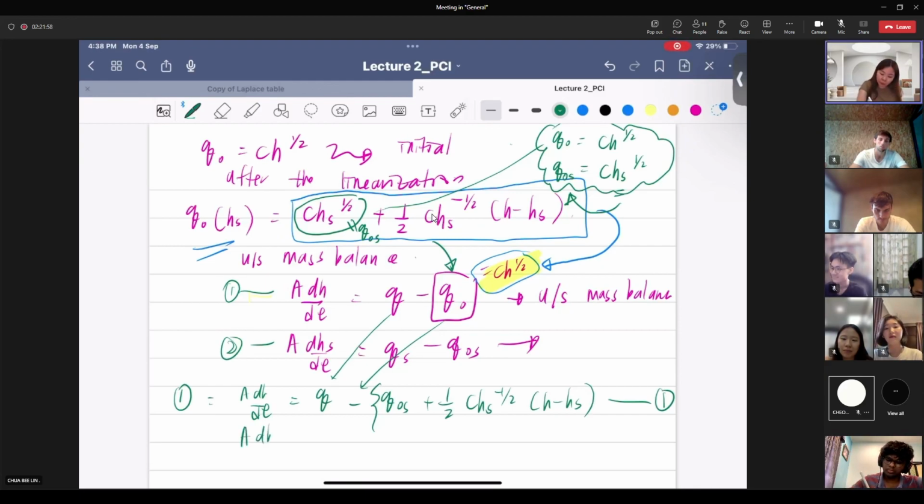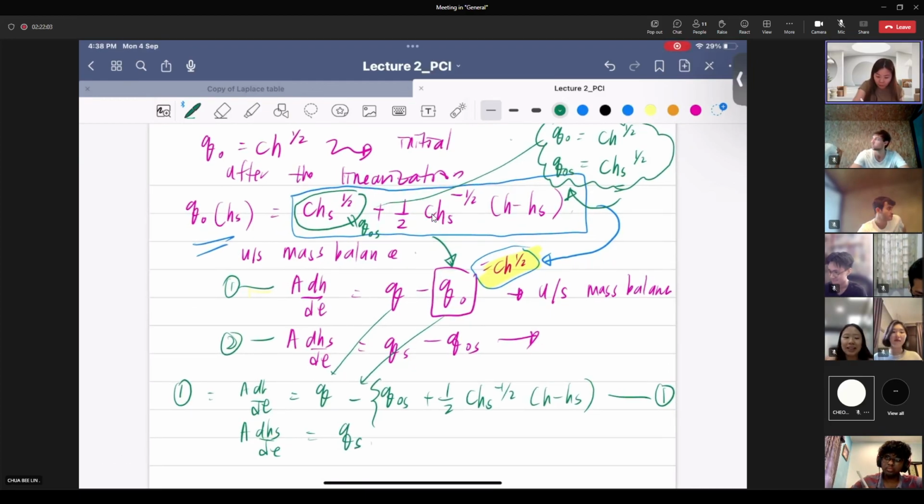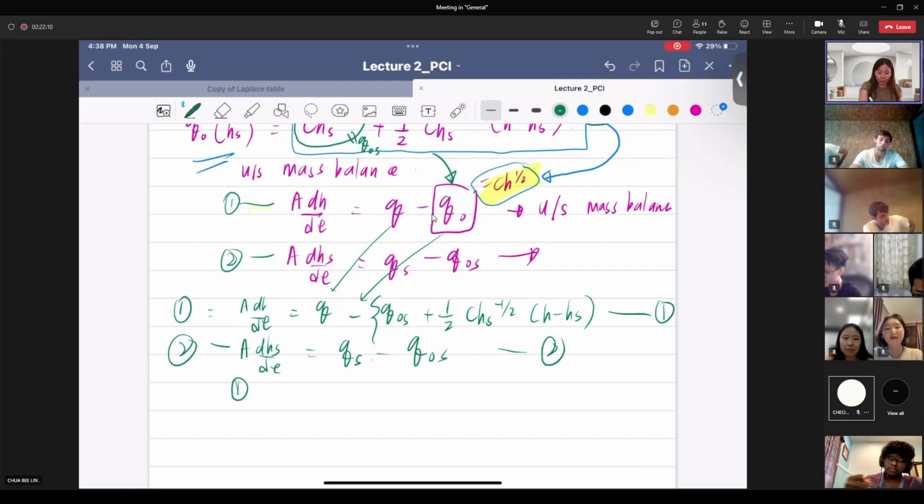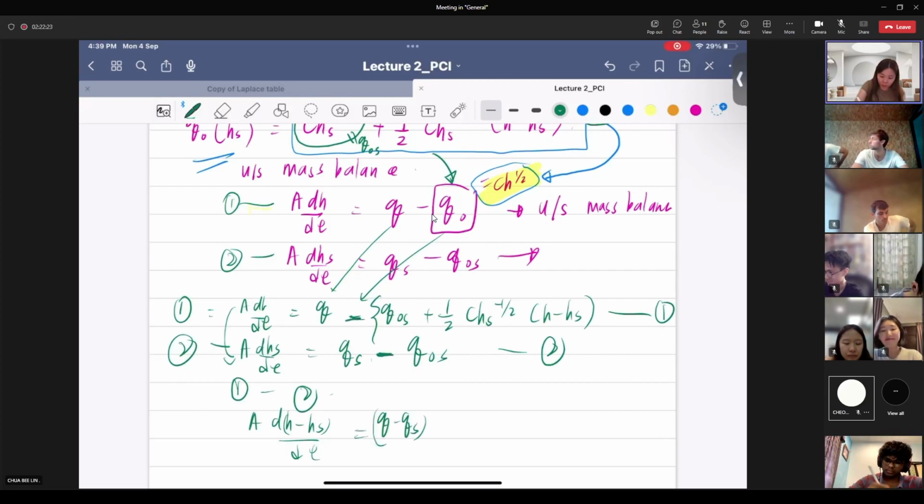My equation 2 will be A dh_s over dt equivalent to Q_s minus Q0_s. This is my equation 2. So now you use equation 1 minus equation 2. You'll be having A d(h minus h_s) over dt equals Q minus Q_s. This minus remains outside, minus. Then I will be having like this, Q0_s minus Q0_s.